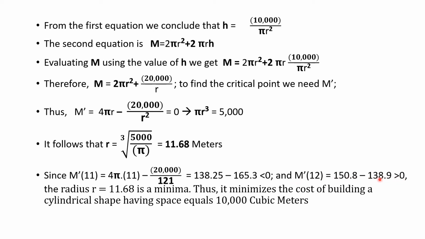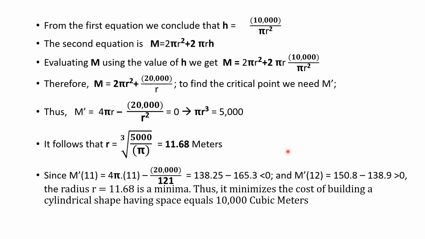So we conclude that the slope is negative at 11, and then at 12 the slope is positive. In between the slope is 0, because the slope for r equal to 11.68 is 0. So the slope starts from negative and then it becomes 0 and then it becomes positive.